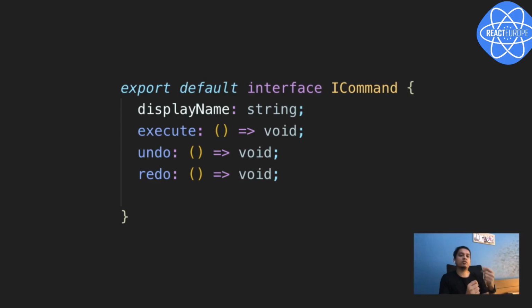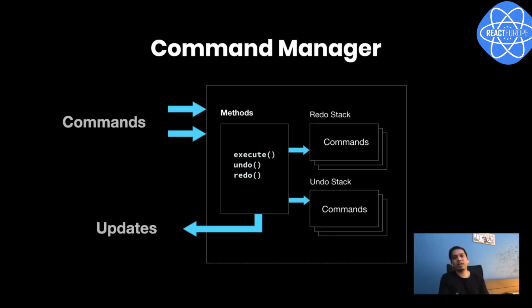It undoes the mutations that were made in execute. These commands are fed into a command manager that keeps a stack of undo and redo. When we call undo on the command manager, it executes the undo on that particular command, takes it off the undo stack, and puts it on the redo stack, and vice versa.